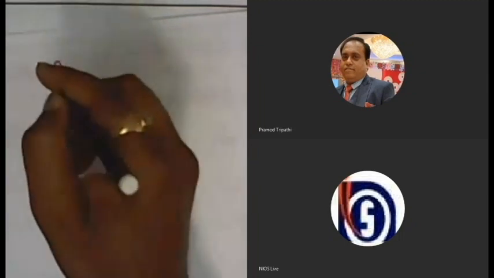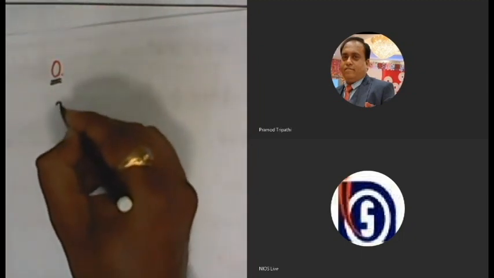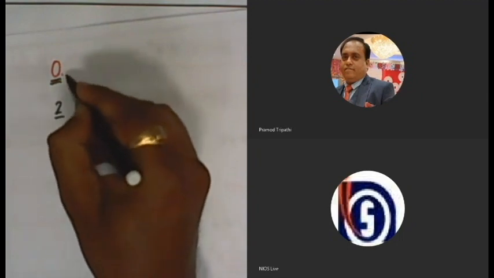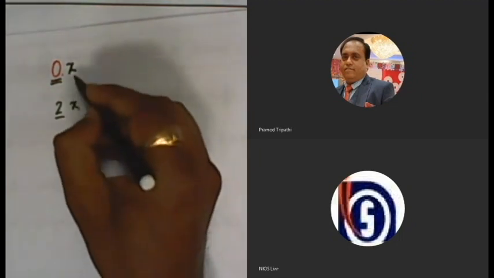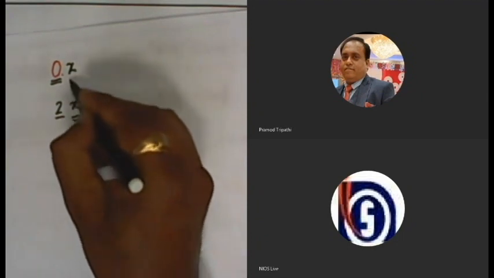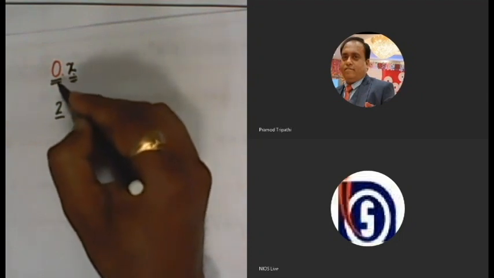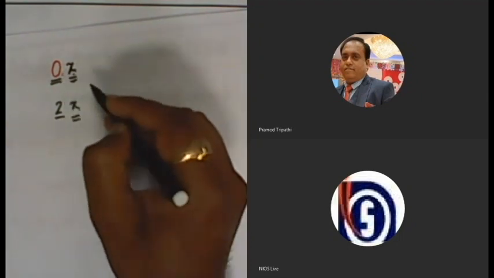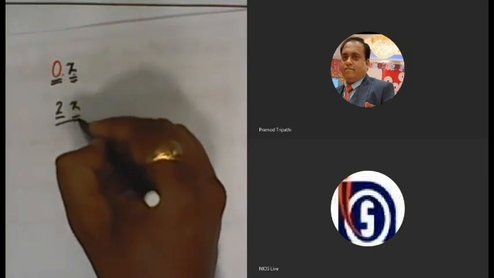In the case of a polynomial, it is a zero polynomial. And 2, this is also a variable here. When any variable has the coefficient 0, it is known as the zero polynomial. And this is a monomial.